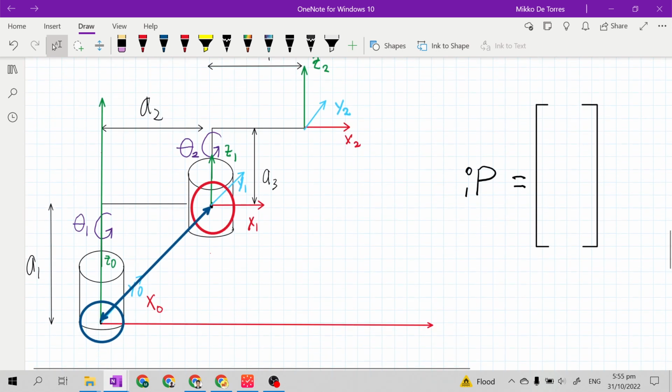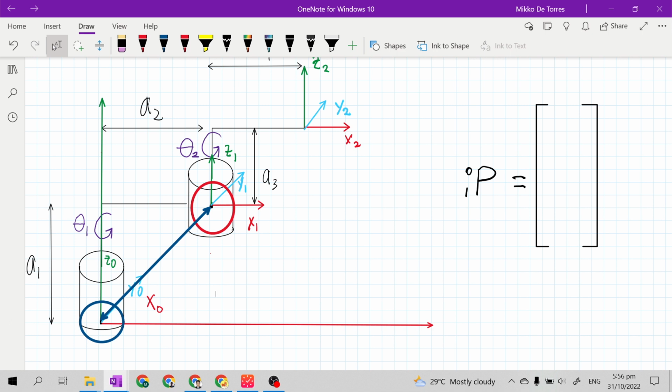Okay, so we will look first at the axis of z sub 0, because this is the easiest part. At z sub 0, we have here a sub 1, the link length a sub 1. The link length a sub 1 shows how far is the origin of frame 1 to the origin of frame 0 along the z sub 0 axis, because a sub 1 is a constant and it's a link length.